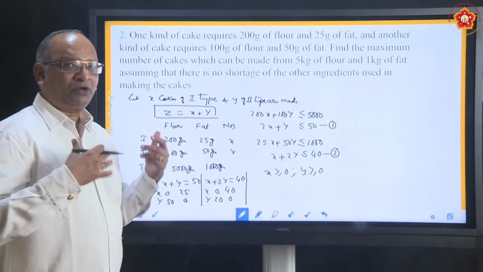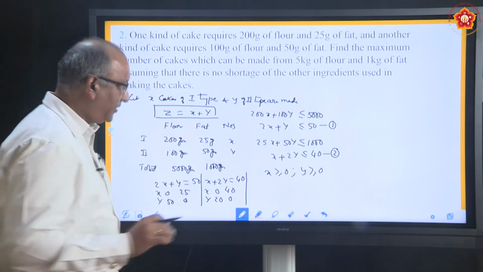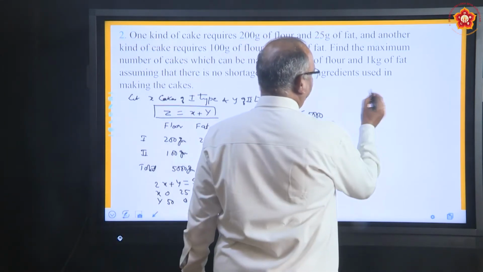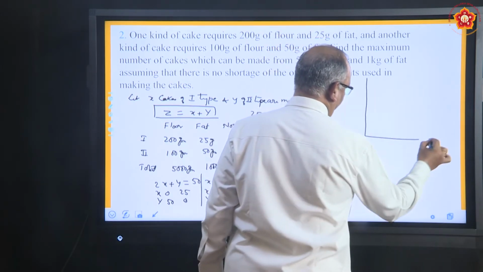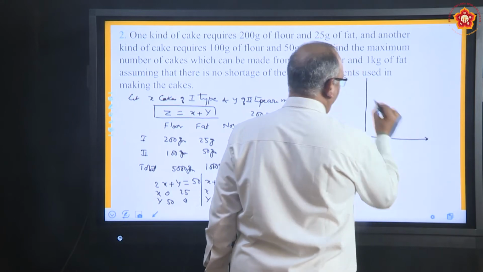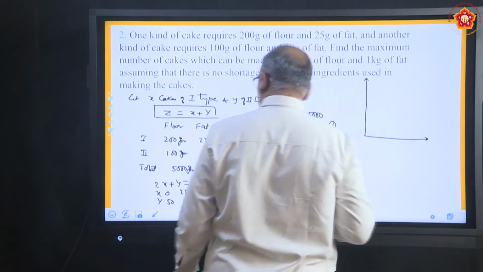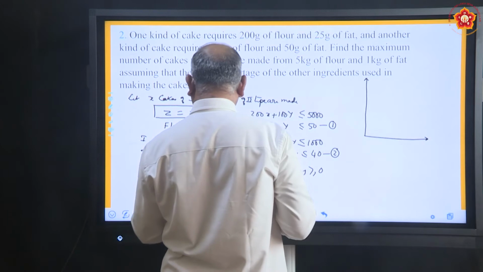Now go for drawing the graph. So, how do you do that? Simple. Maximum value is 50.